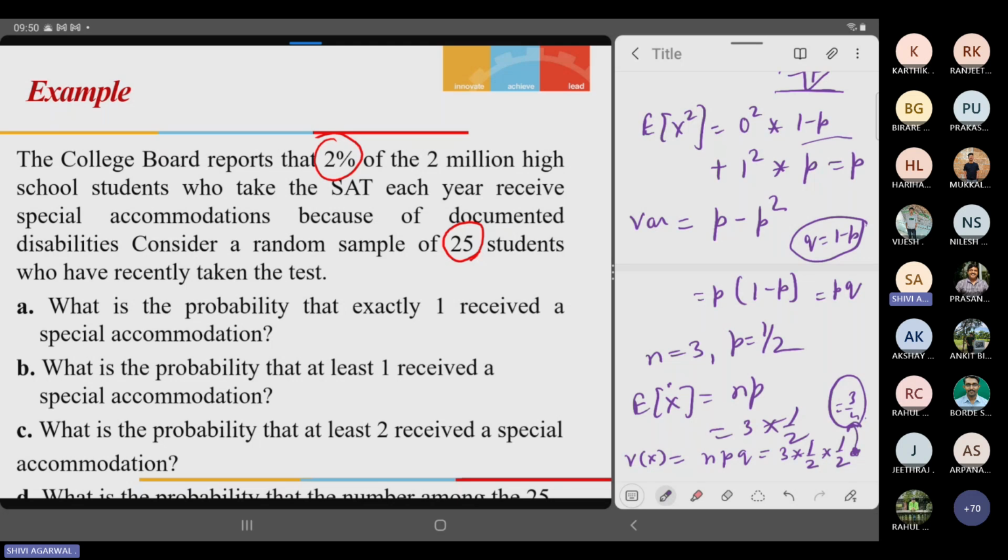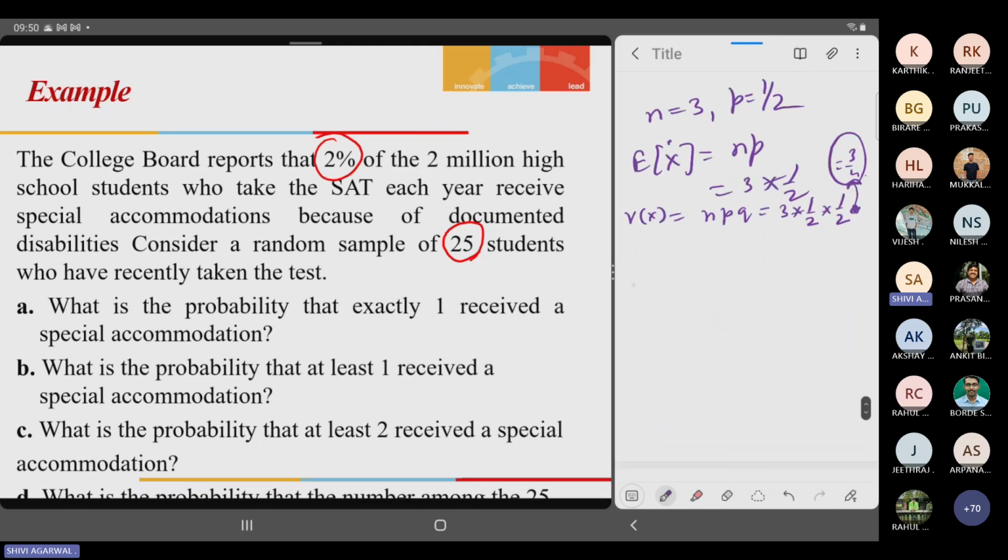Now, the answer is not 2% of 1/25 here. It is the probability that exactly one received a special accommodation. Exactly one, so we have to find the probability density function at x equal to 1.